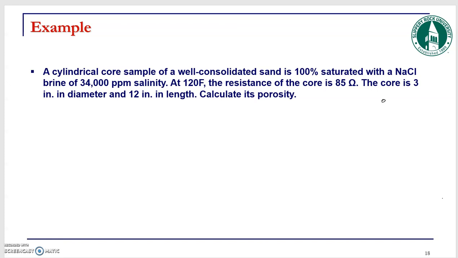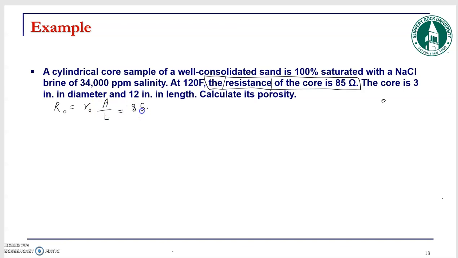So the first thing you need to be careful about is that the resistance is given to you, not the resistivity. Look at the unit and also look at what is being used here, resistance, right? So the first step is to calculate the resistivity because that's what we have in our equations, right? So Ro is R, which is lowercase r, multiplied by cross-sectional area divided by length.